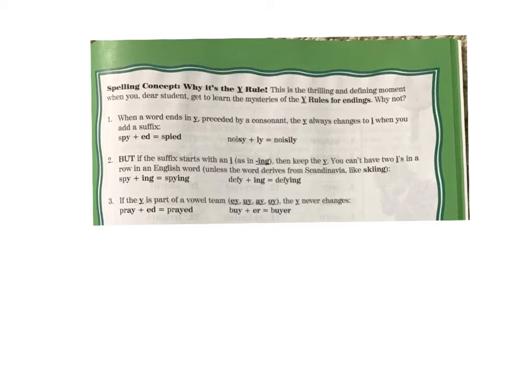When a word ends in Y, but that Y is right after a consonant, like in the word spy or cry, for example, I'm going to use cry. The Y comes right after a consonant, which is R. And you add any type of suffix. Doesn't matter if it begins with a vowel or a consonant.